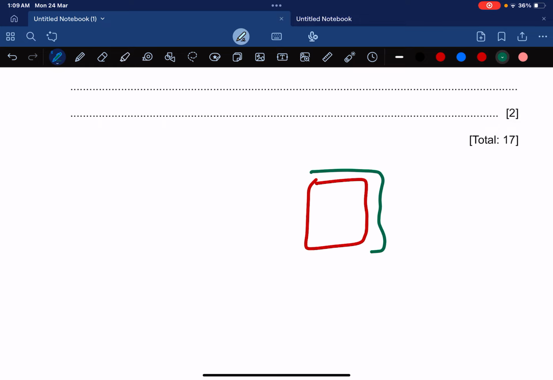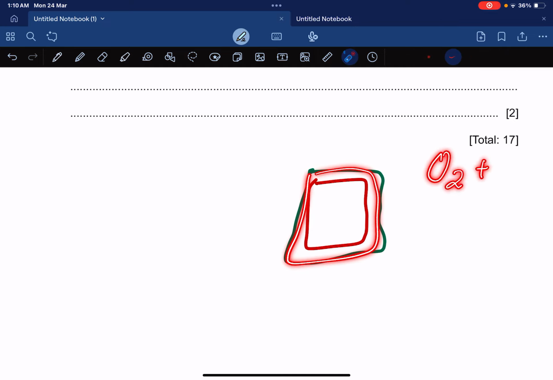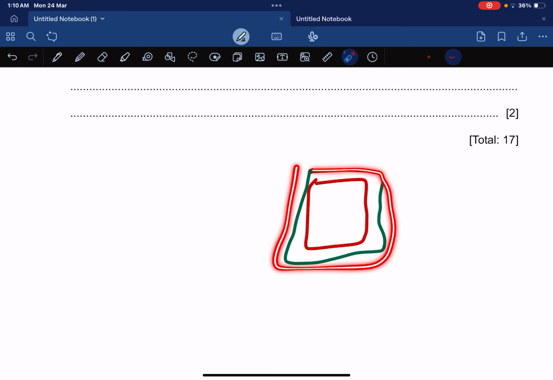You coat it. This green layer is your coat, and basically what this coating does is it prevents the oxygen and water vapors in the air from reaching the surface. Red is the surface of the iron. Because of this coating, the oxygen and the water vapors in the air are unable to reach the surface. Hence, you get protection.